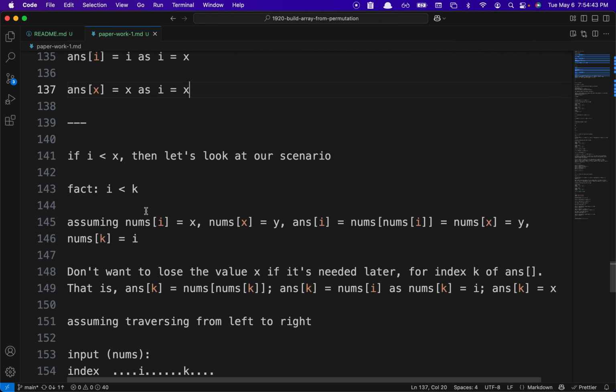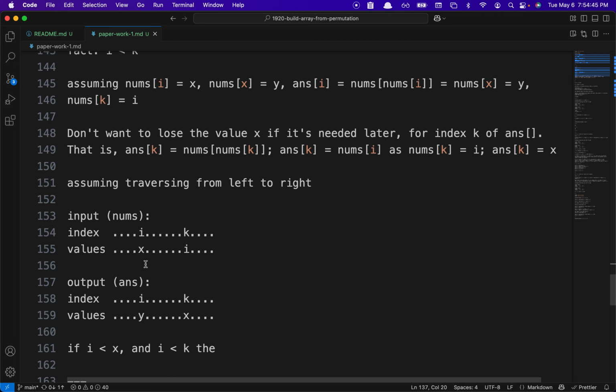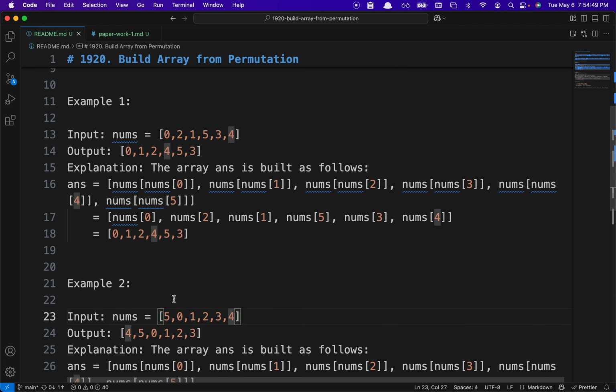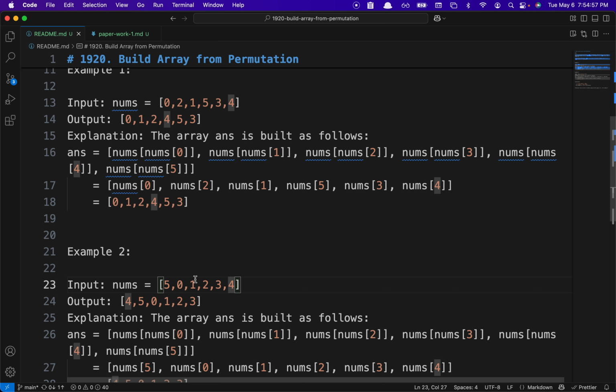But if the index is less than the value, for example, in this case index is 0, it's less than this, you need to move. What about if the index is greater here? What do you do? Right? Hmm.